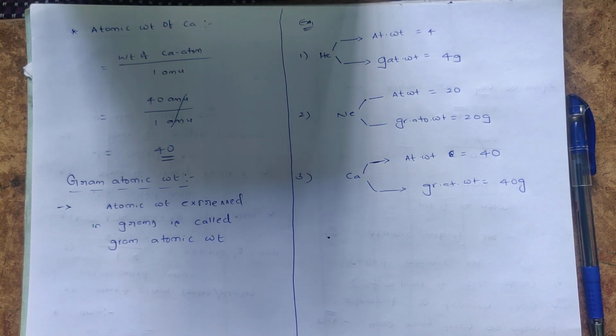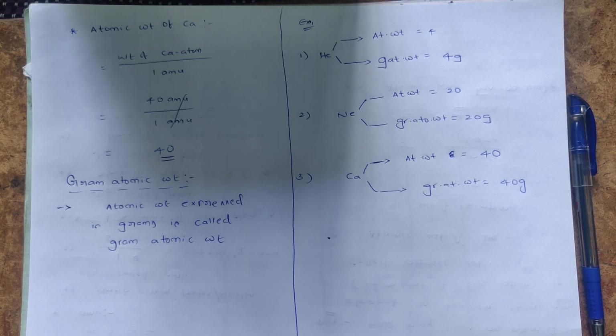Clearly we can say that atomic weight contains only one atom. No doubt in that. Because we are comparing weight of single atom with 1/12th part of C12 atom. So in atomic weight, only one atom is present. Then what about the next question? In gram atomic weight, how many atoms are present?